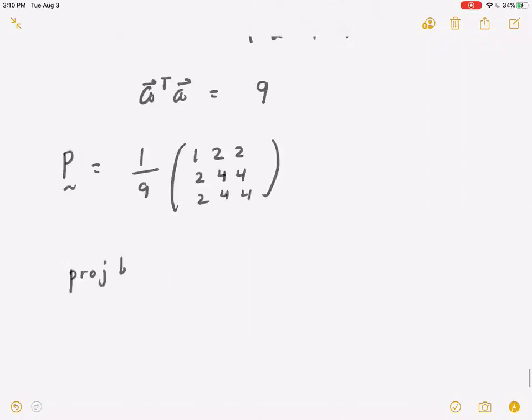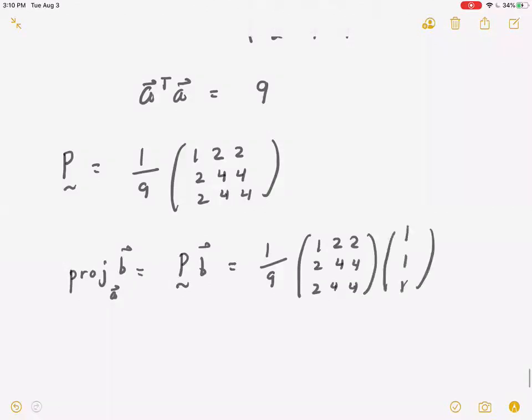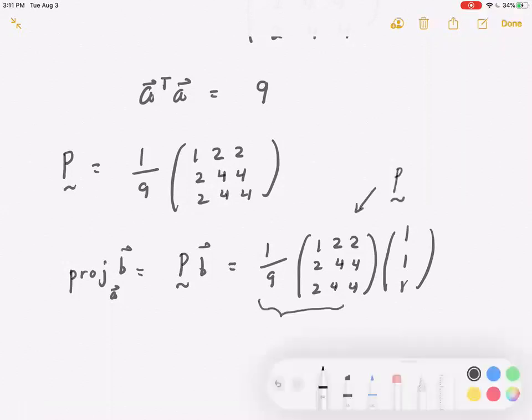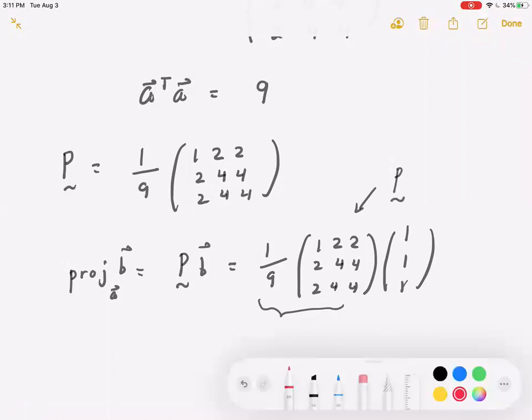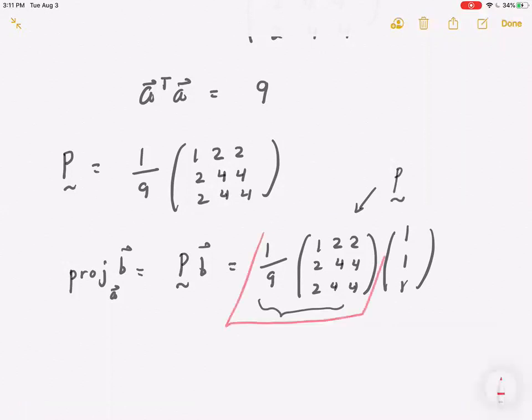The projection of B onto A is just the projection matrix times B. That's going to be 1/9 times this 3x3 matrix times B. So let me put this in red. This thing highlighted in red is the projection matrix.